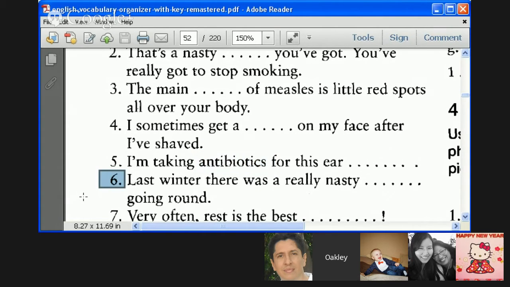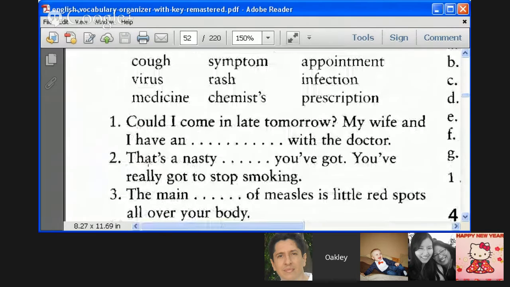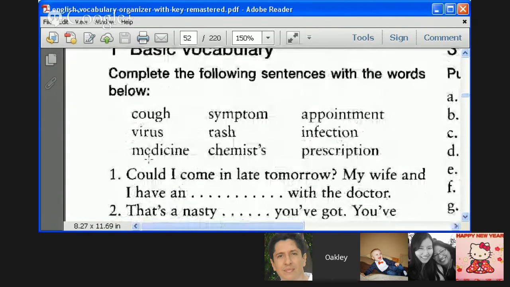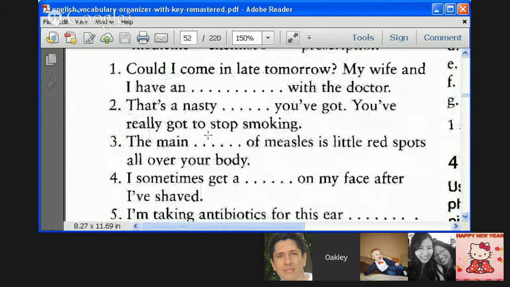Anyway, Heidi, number 6. Please scroll up. Number 6 here. Last winter, there was a really nasty virus going round. Nasty. Virus. Okay. All right. Very good.